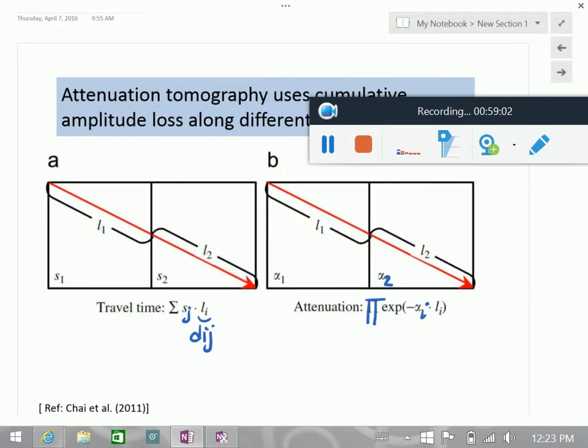Of course, you have the exponential term because it's not linear going from 1 to 1. But other than that, the procedure is very similar. You do all of that. Instead of working with slowness, you work with attenuation coefficient. So alpha i is attenuation coefficient, which you are all now expert to calculate.